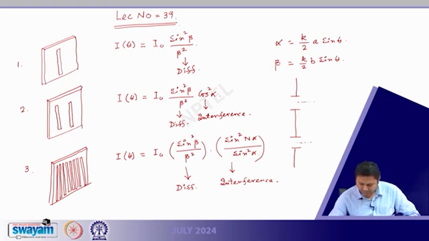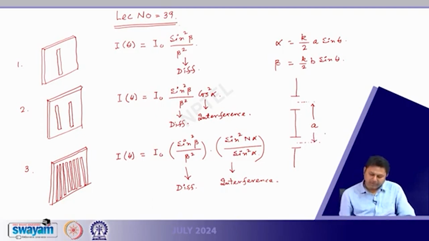The separation between the 2 slits is a, and the width of a single slit is b. That was our definition, and based on the definition we calculate everything. So that is the overall structure we have. That is what we calculated so far.